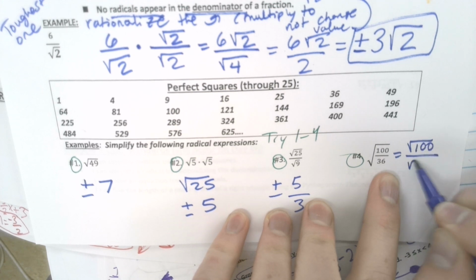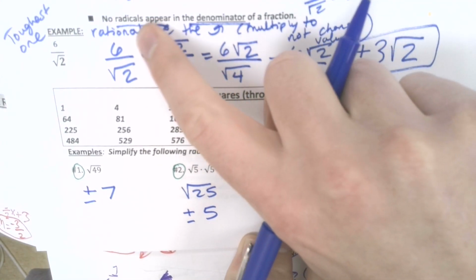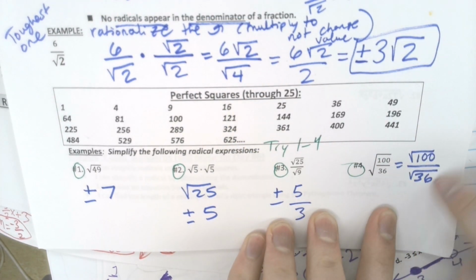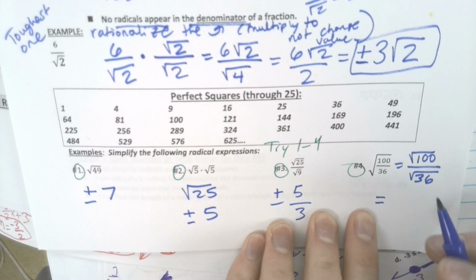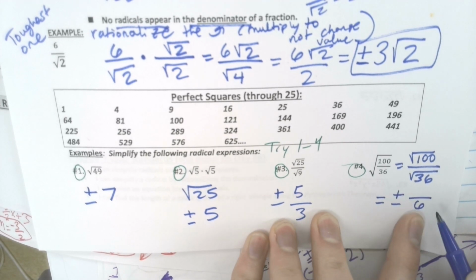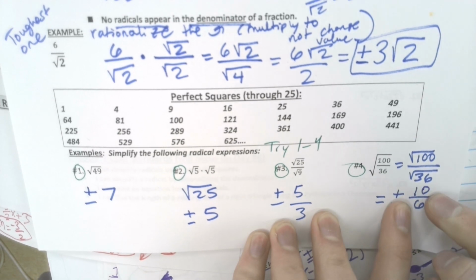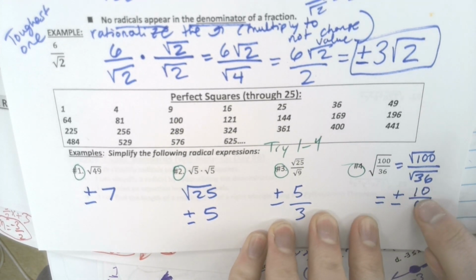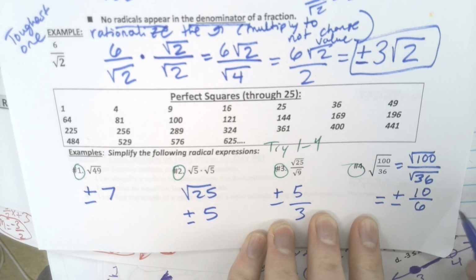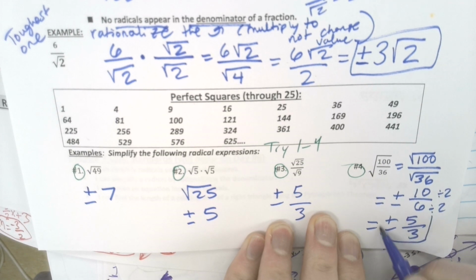Make the numerator a radical, make the denominator a radical, and normally this isn't good, but we know 36 will reduce down to 6. Square root of 100 is 10, and don't forget that will reduce 10 over 6. You can divide both those by 2, plus or minus 5 over 3.